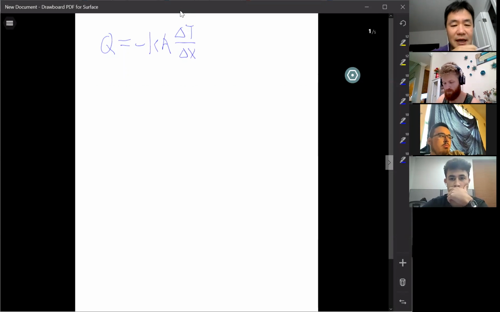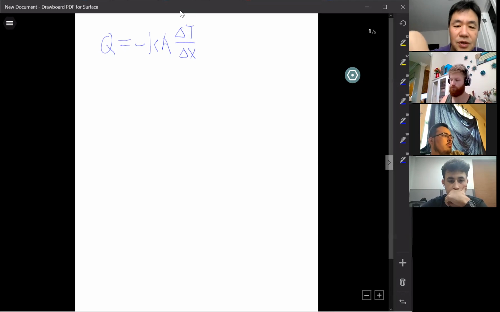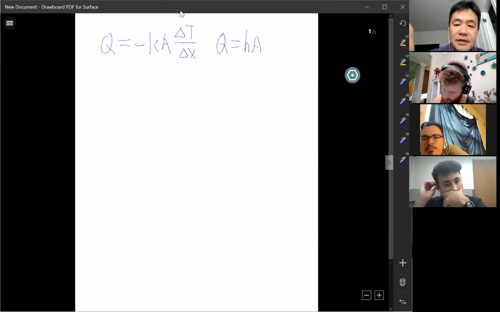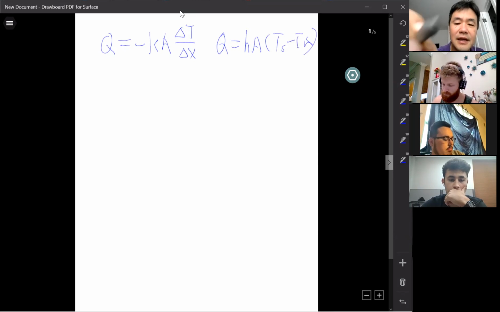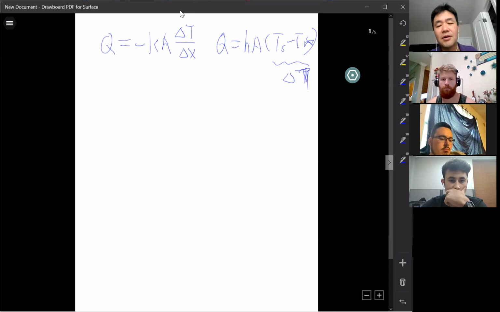And Q convection is H A times T surface minus T infinity, right? Here delta T, this is also delta T basically. You have a temperature difference driving the heat transfer. Now you know for all heat transfer you need to have a temperature difference.